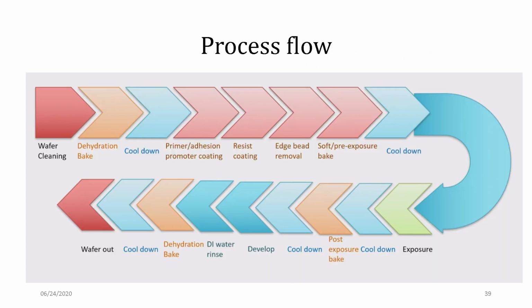This is how a typical process flows. Starting from a wafer, you have to bake it after cleaning, heated at roughly 100 degrees Celsius for 1 or 2 minutes depending on the process, and then it has to be cooled down.